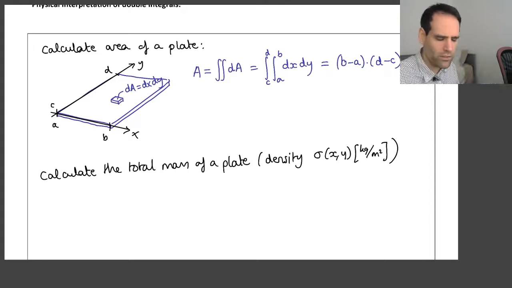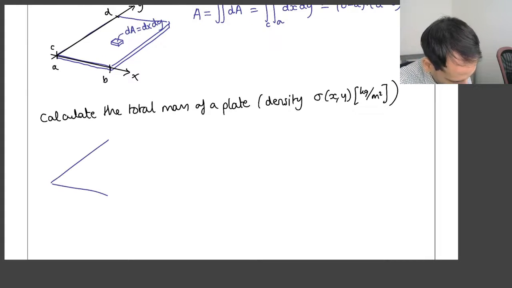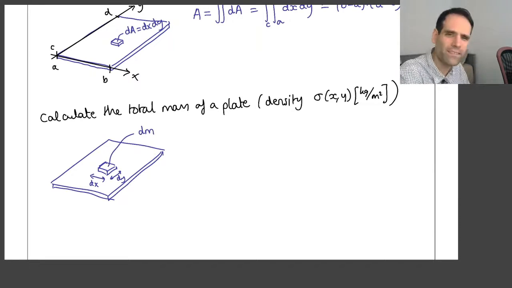So how do we calculate the total mass? Well, what you can do is, let's imagine the plate again. We divide the plate into tiny bits, which have size dx times a size dy, and they have a certain mass. And this mass, we call it dm, the differential of mass. And what is the mass of this tiny bit?